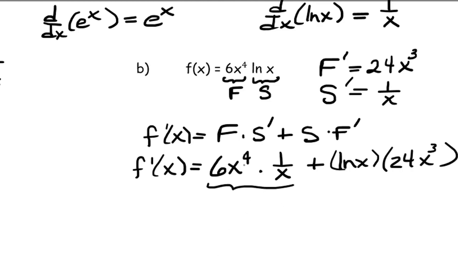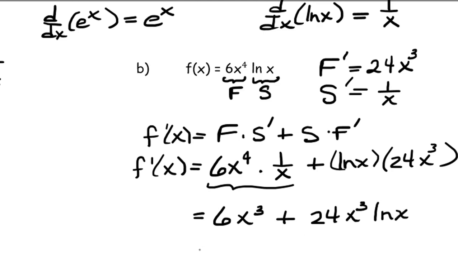In this first term, we can cancel x with one of the x's in the x to the fourth, and we get 6x cubed, plus usually we write the polynomial in front of the natural log so we don't confuse it as being in the argument of the natural log. Only the x is in the argument of the natural log.